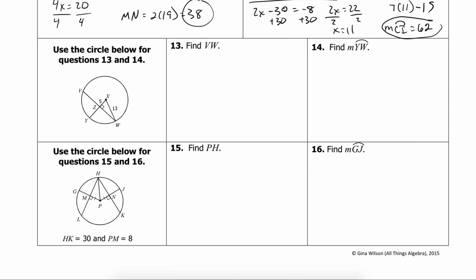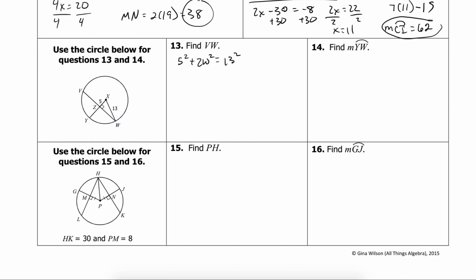All right, so we're going to use the same picture for 13 and 14. We've got VW, trying to find that. See how we're going to have to use the Pythagorean theorem here? That doesn't go away, guys. We've got this right angle here. The hypotenuse is 13, so we're going to find this side. Now, this is actually a Pythagorean triple.